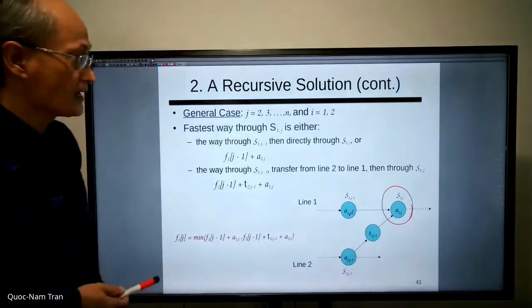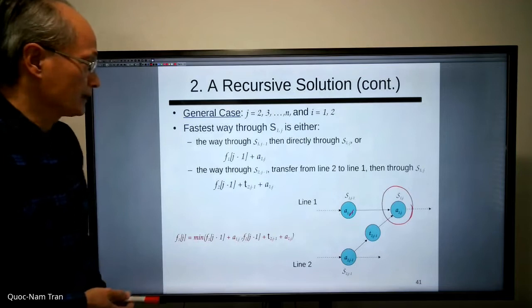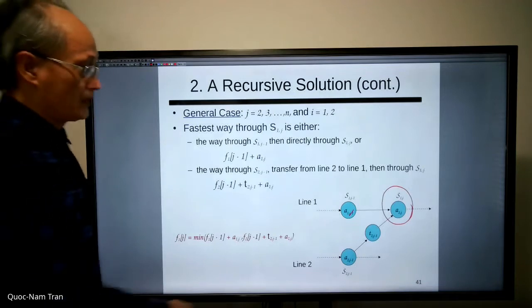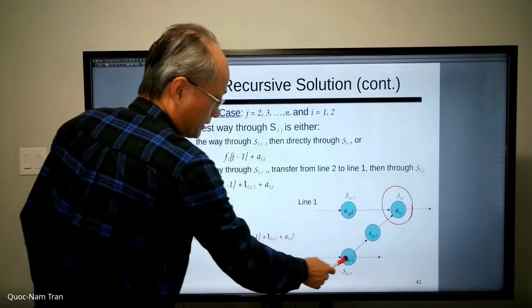So that said, we have the minimum cost here will be the min of this or the min of that, right?